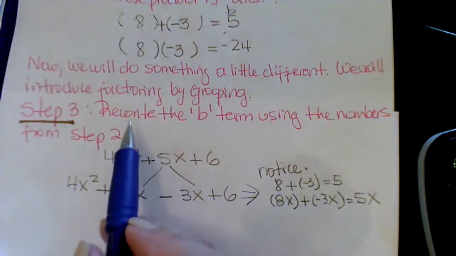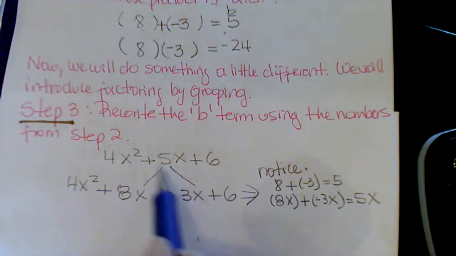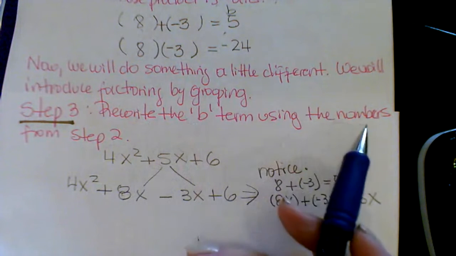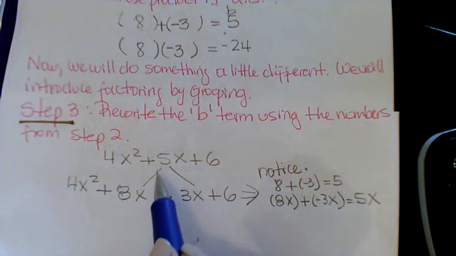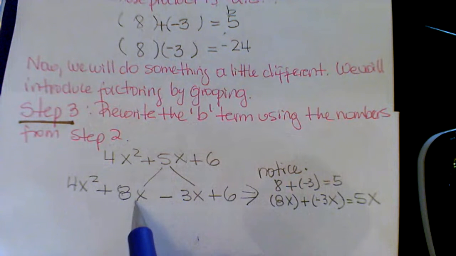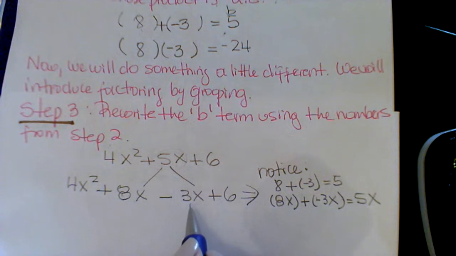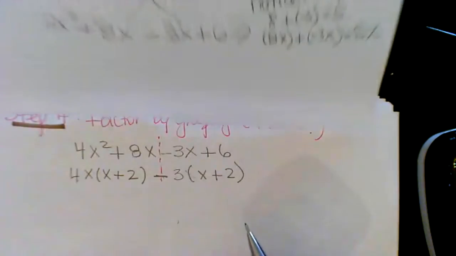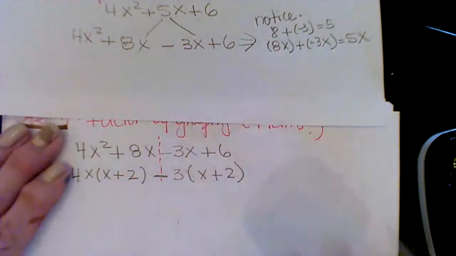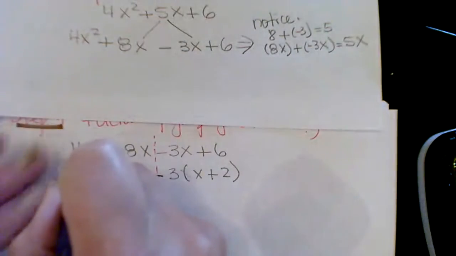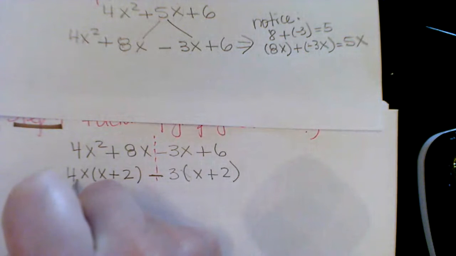It says for step 3, we're going to rewrite this term using the two numbers that I got from step 2, which is what? 8x and the other one is going to be negative 3x. Now, if I get the greatest common factor, 4x, this is going to be x plus 2.